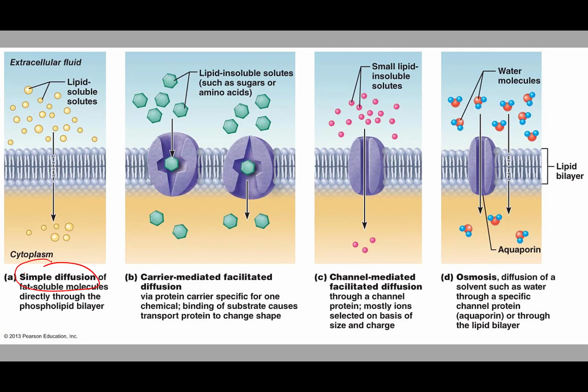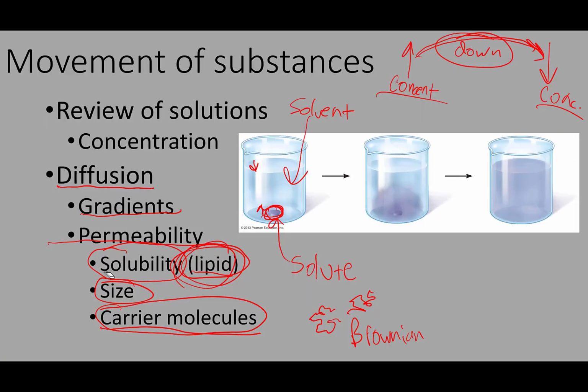That is simple diffusion. Simple diffusion can happen in a beaker, like we saw here, things move from high concentration to low concentration. You see the little tablet starts out in an area of high concentration. Over time, it starts to diffuse towards the area of low concentration. Given enough time, it has diffused enough that we have the same concentration throughout.